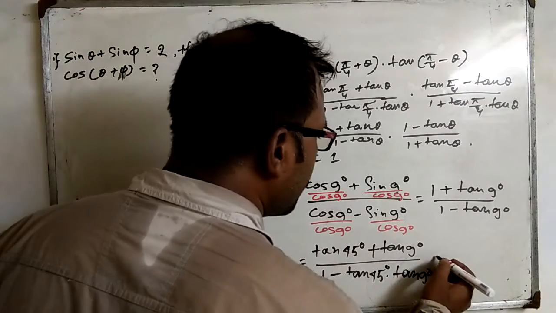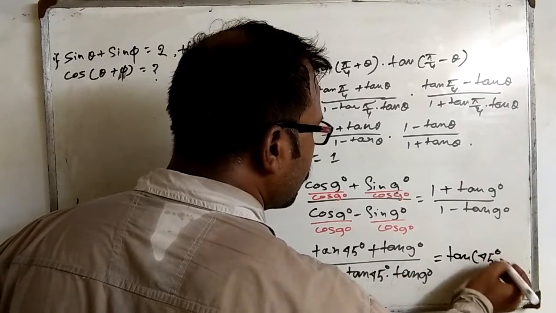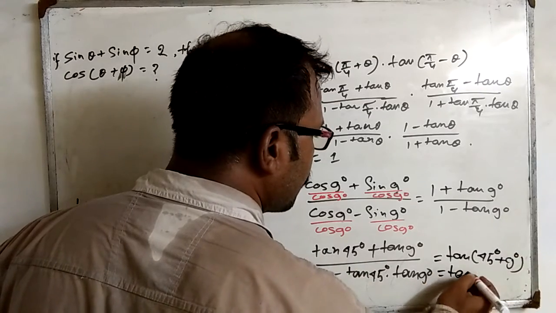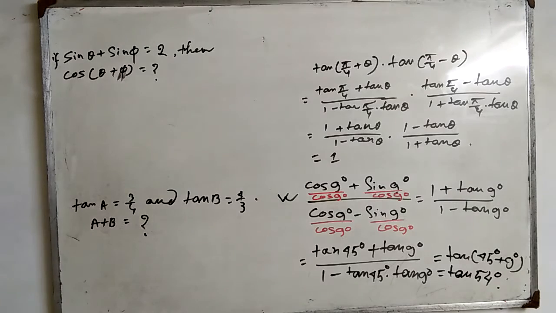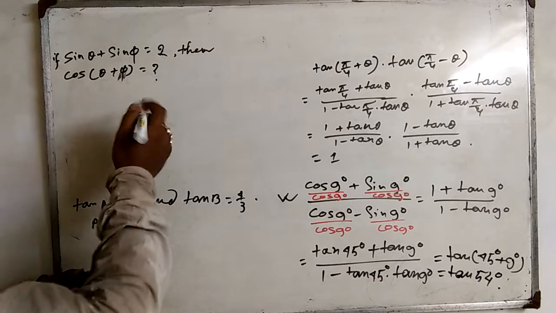So that will be written as tan of 45 plus 9, which is tan 54 degree. Clear?